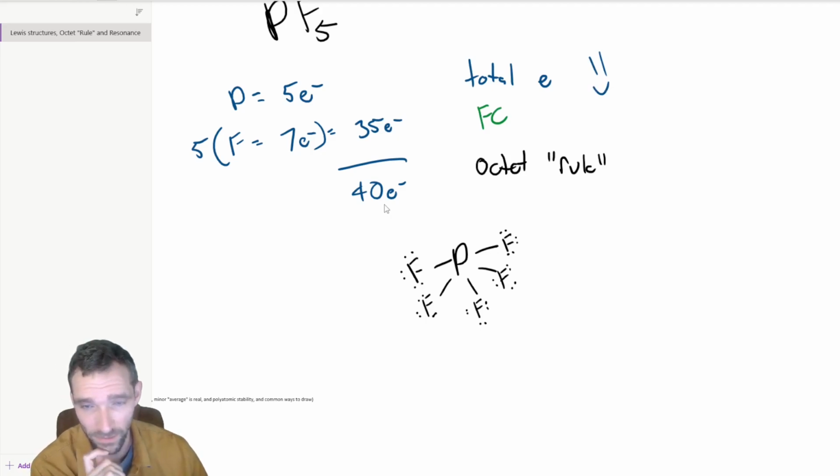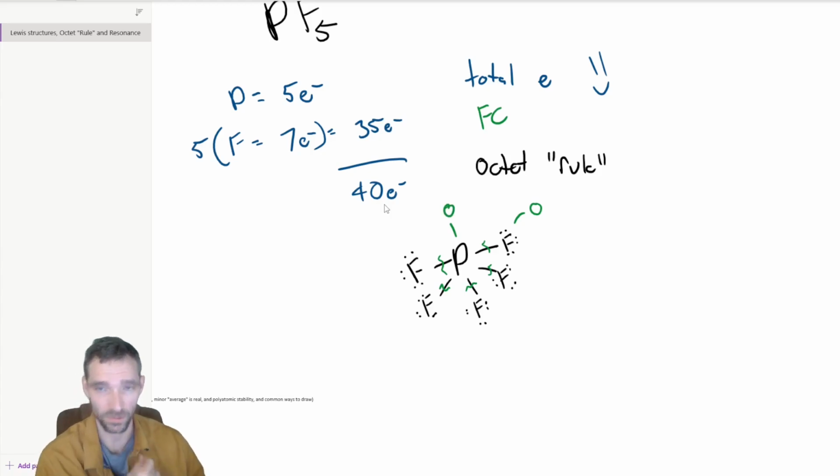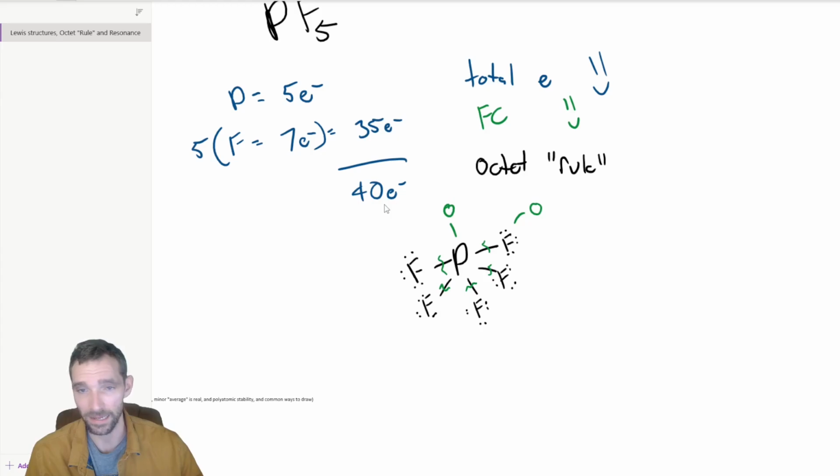If I tried to have another lone pair on here, that would be too many electrons. If we look at the formal charge now, this has access to 7. It normally has access to 7, so its formal charge is 0. This has access to 5, normally has access to 5, so its formal charge is 0. So we're pretty good on that as well.